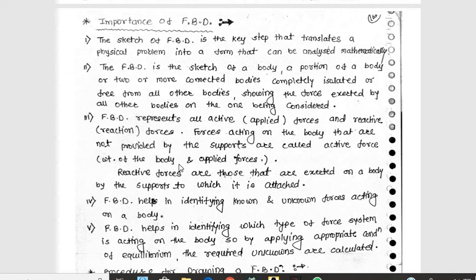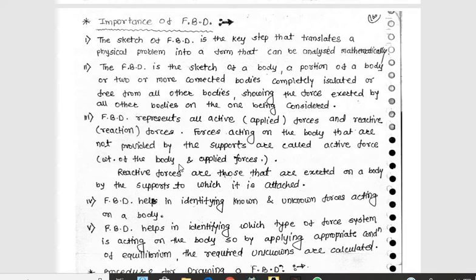The FBD is the sketch of a body, a portion of a body, or two or more connected bodies completely isolated or free from all other bodies, showing the forces exerted by all other bodies on the one being considered. The FBD represents all active, that is applied forces, and reactive, that is reaction forces. Active means applied, the externally acting load, and reactive means the reactions.